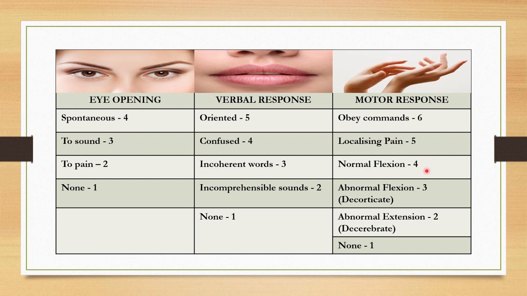To a painful stimulus, if the patient is showing some flexion, you can give a score of 4. If the patient is showing some abnormal flexion, in other words, decorticate, to a painful stimulus, you can give a score of 3. If the patient is showing some abnormal extension, in other words, decerebrate, to a painful stimulus, you can give a score of 2. If there is no response, no movement, then you can give a score of 1.